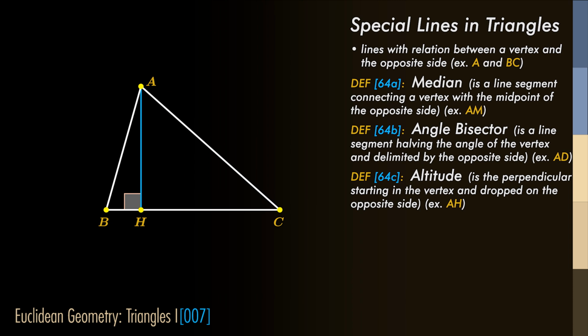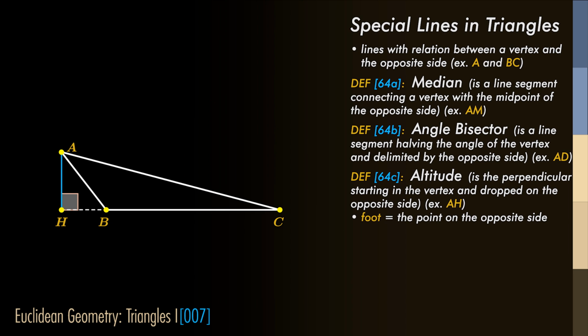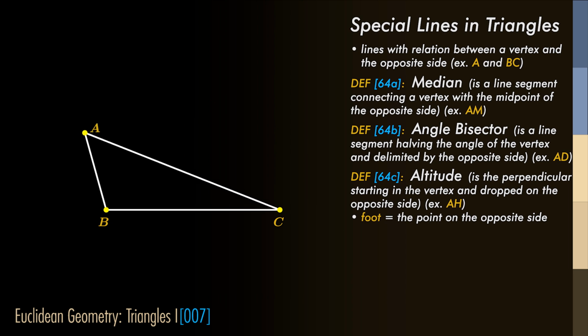It is AH in the figure. The point on the opposite side is called the foot of the altitude. Remark that the foot of an altitude does not necessarily lay on the opposite line segment. It can also be located on the extended line segment.